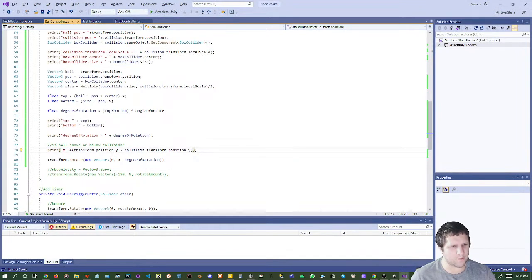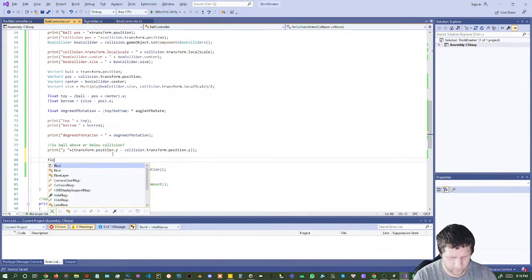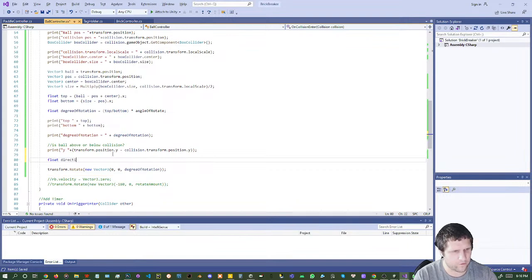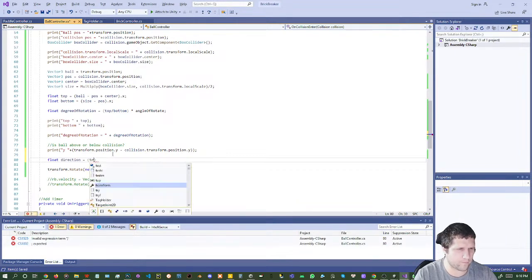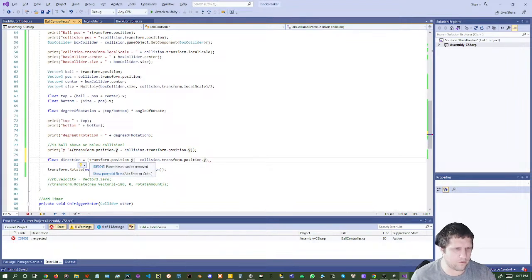So if y is positive, we want to say float direction equals, instead of typing it out again, let's just copy everything here. The float direction is equal to the transform position y minus the collision transform position y.